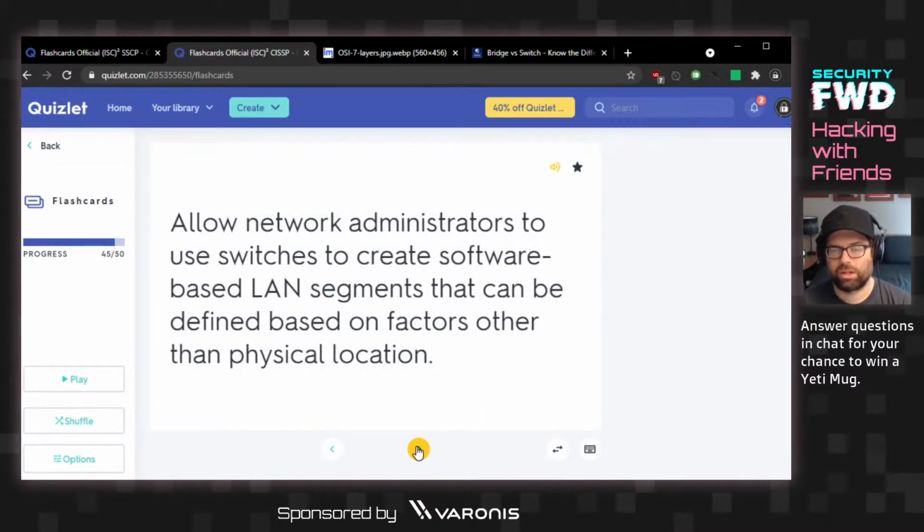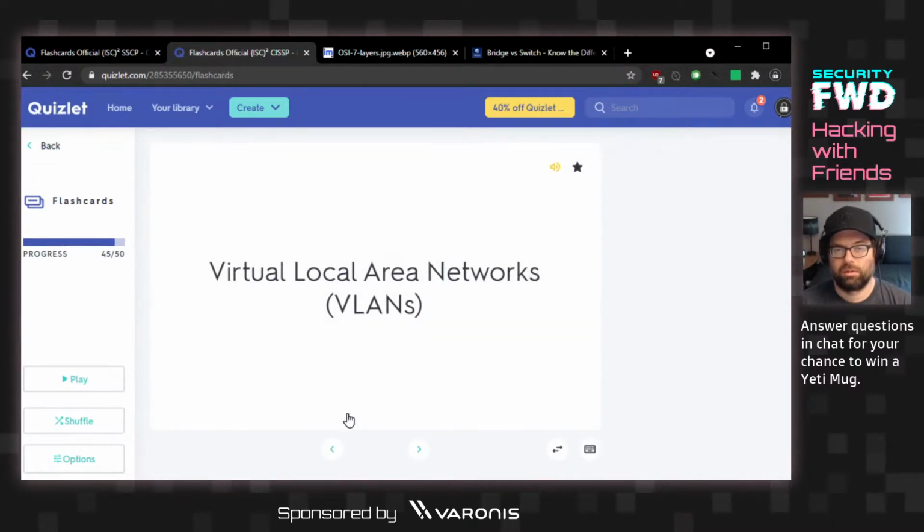Allow network administrators to use switches to create software-based LAN segments that can be defined based on factors other than physical location. VLANs.